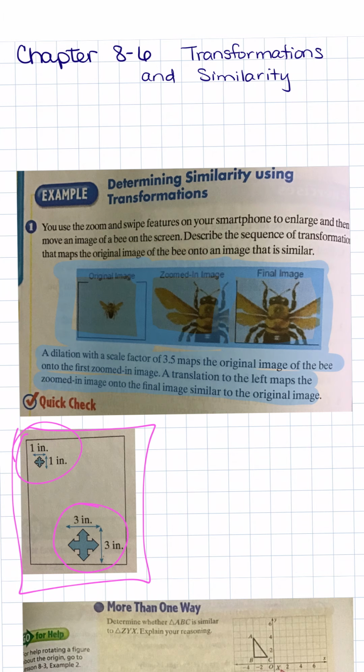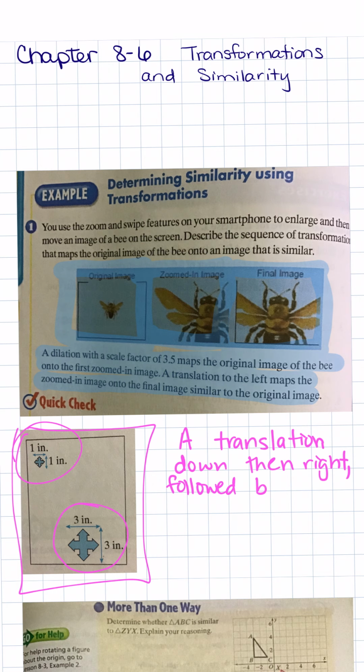What happened first? First, a translation. A translation means it's moved. So we're going to put that it was moved down, a translation down, then right, followed by a dilation. That means it's getting bigger.